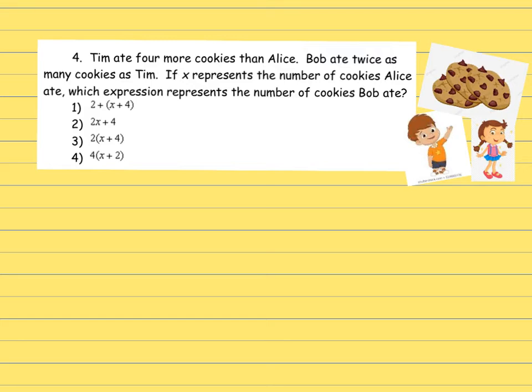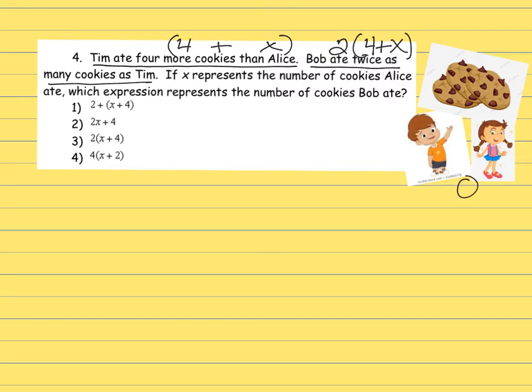So Tim ate 4 more cookies than Alice. We don't know how many Alice ate, but Tim ate 4 more than she did. Bob ate twice as many cookies as Tim. So we know Tim ate 4 more than Alice, and Bob ate twice as many as Tim. So this could be Tim, and this can be Bob, and this can be Alice.